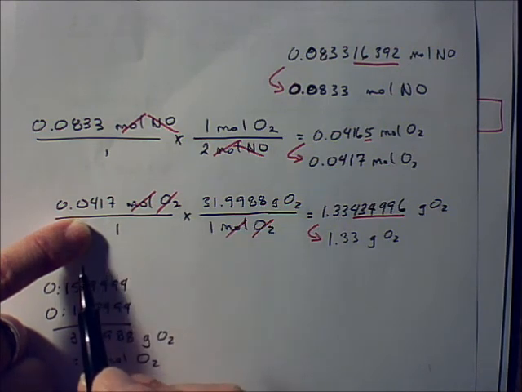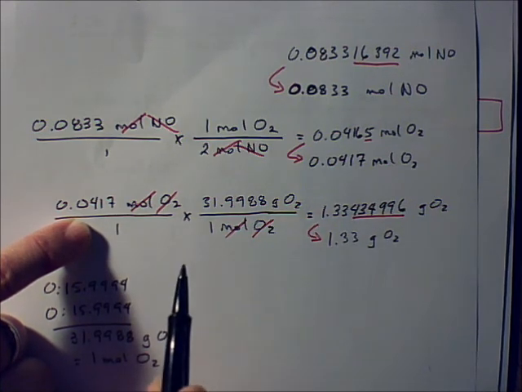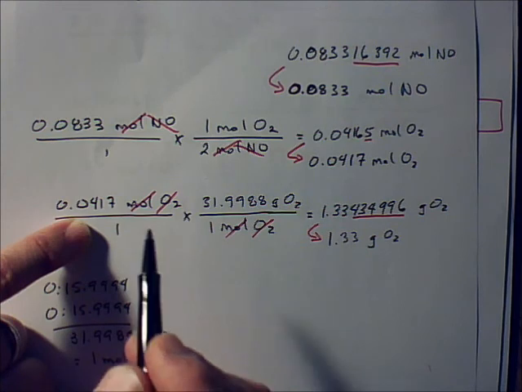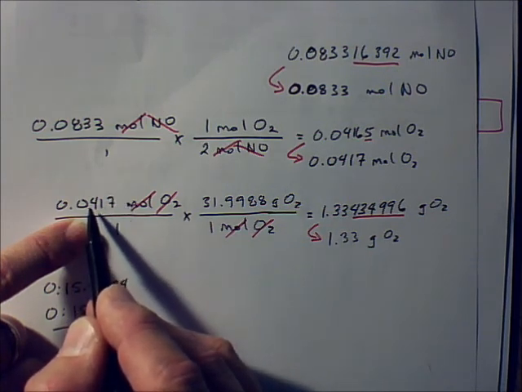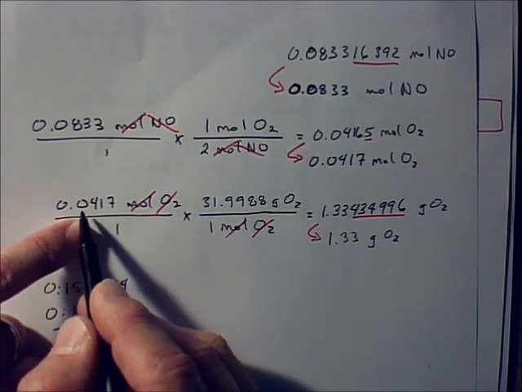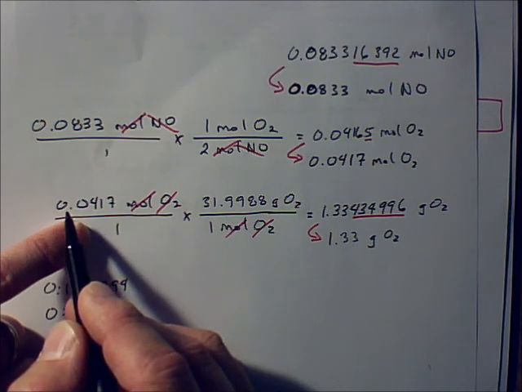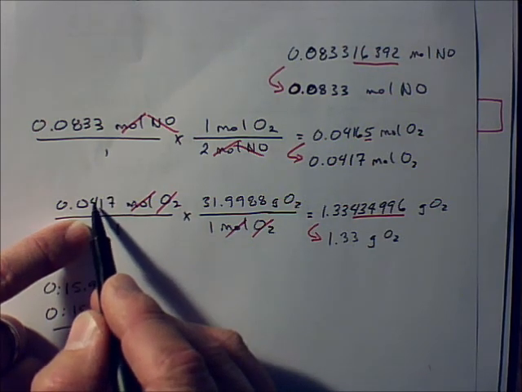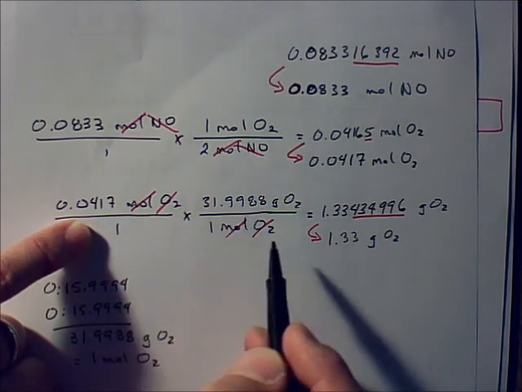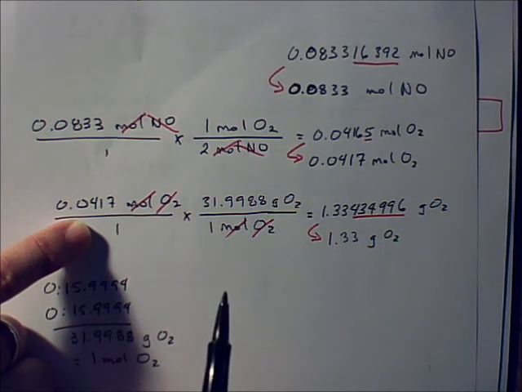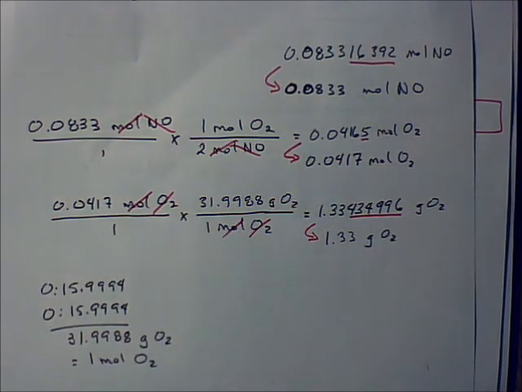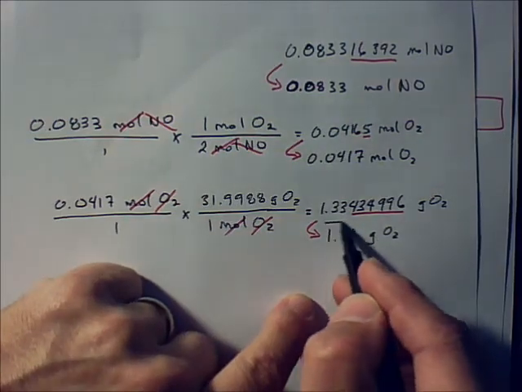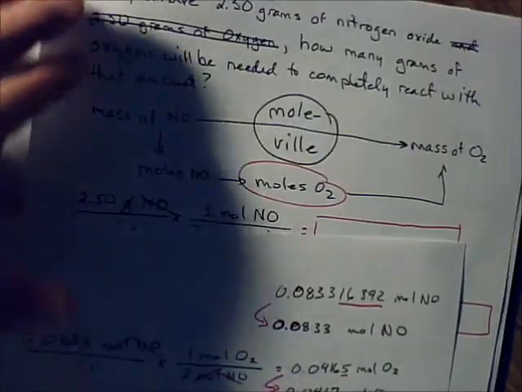Choose the one with the least digits and write your answer in that same number of digits. So this number here has 3 significant digits. The leading zeros are not significant. So if this is the one with the least digits, because this one has 6, then I need my final answer in 3 digits. Okay? So this is the final answer to this question.